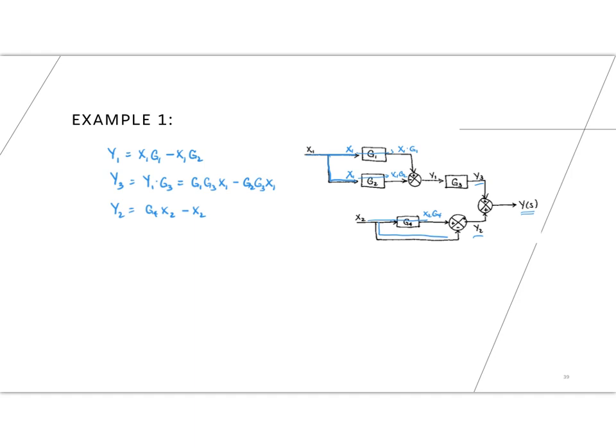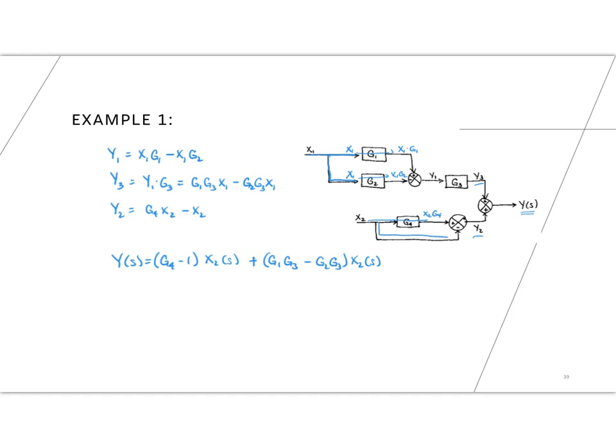So y of s will be y2 plus y3, which is g4 minus 1 times x2 of s, plus y3, which was g1 g3 minus g2 g3 times x1 of s.